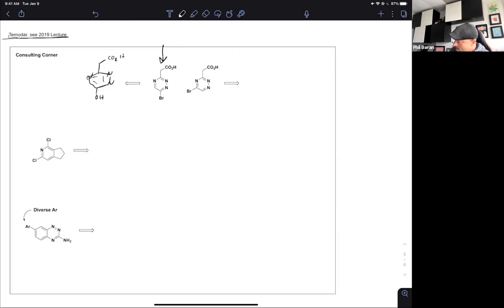So we've got to aim for something like this, and we can imagine POBr3 or PBr3. Some conditions like that might be able to install that bromine, or if the chemist is flexible, they may be willing to do POCl3 as well. So now we have to build up this compound.